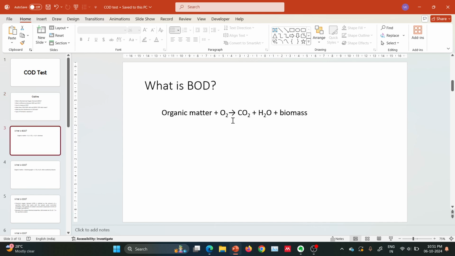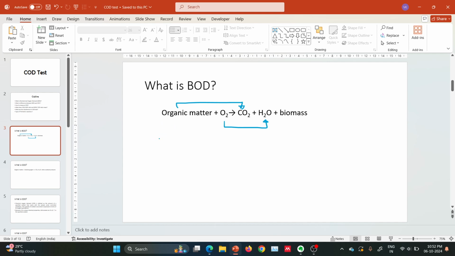So let's understand what BOD is, that is biochemical oxygen demand. In biochemical oxygen demand, what is happening? The organic matter is getting oxidized and the oxygen is getting reduced with the help of microorganisms. So we can say the organic matter is decomposed or degraded by the microbial community.